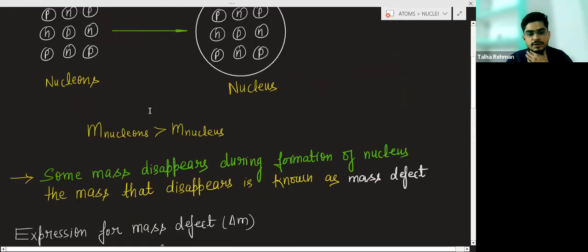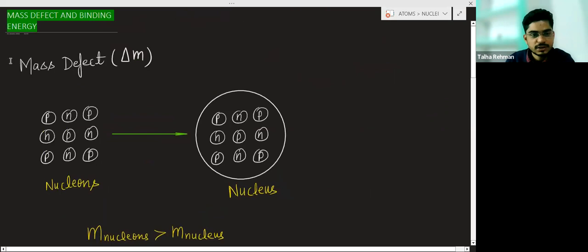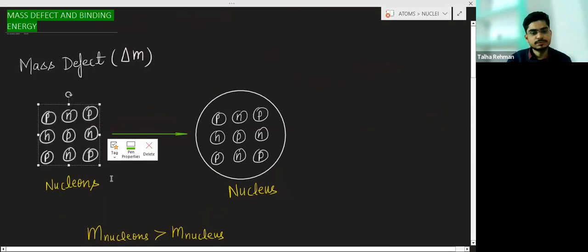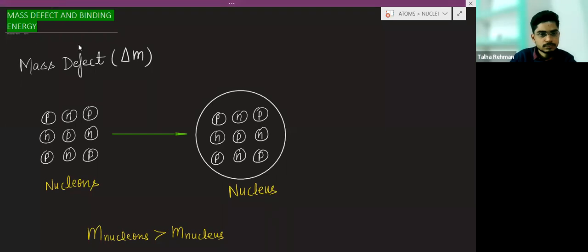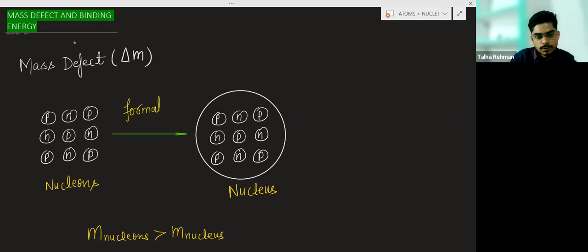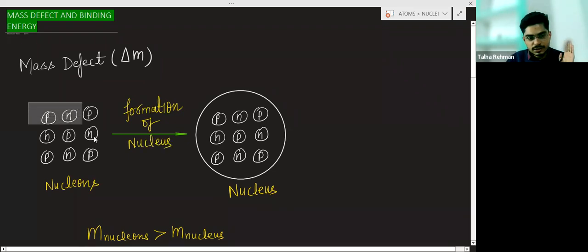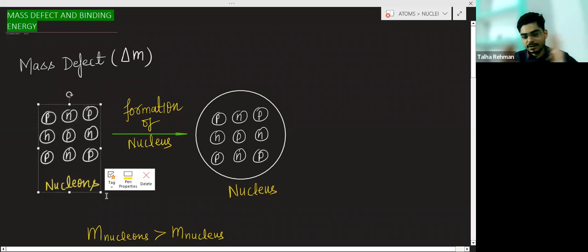Now in this way we will see mass defect. So what is mass defect? These are the nucleons. Now formation of the nucleus is taking place. These nucleons are combining to form the nucleus.